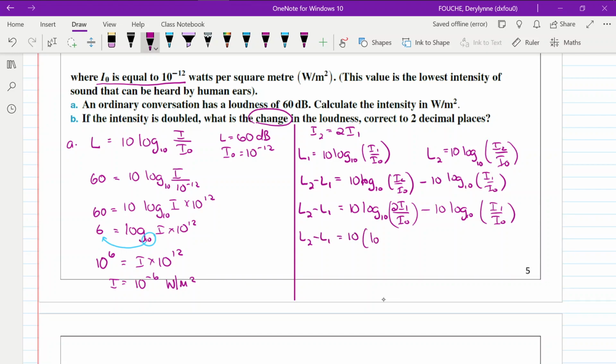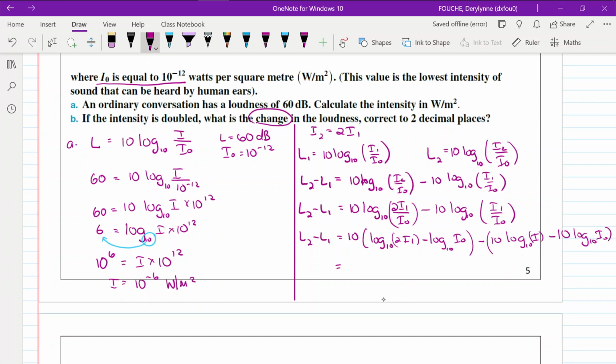I've got 10 log base 10 of 2I1 minus log base 10 of I0. Okay, and then I've got minus 10 log base 10 of I1, watch your signs, minus 10 log base 10 of I0.